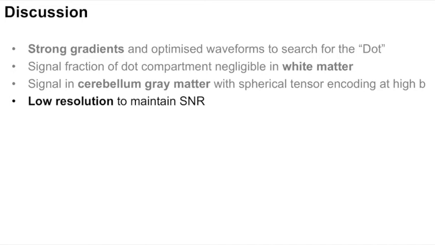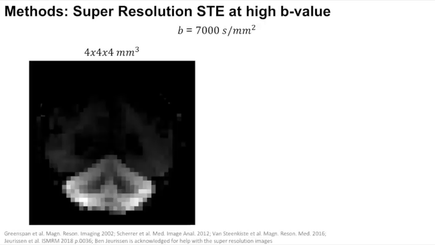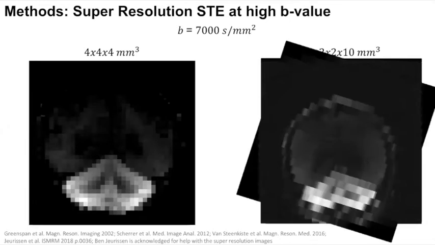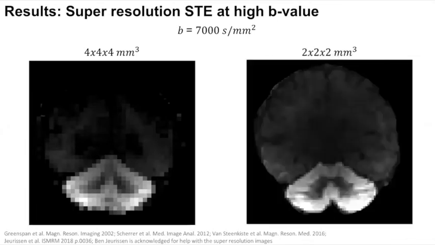Another discussion point is that we had very low resolution to maintain the SNR, 4x4x4. And we tried some super resolution approach where you acquire relatively thick slices in different orientations, and then you can reconstruct the signal in much higher resolution.